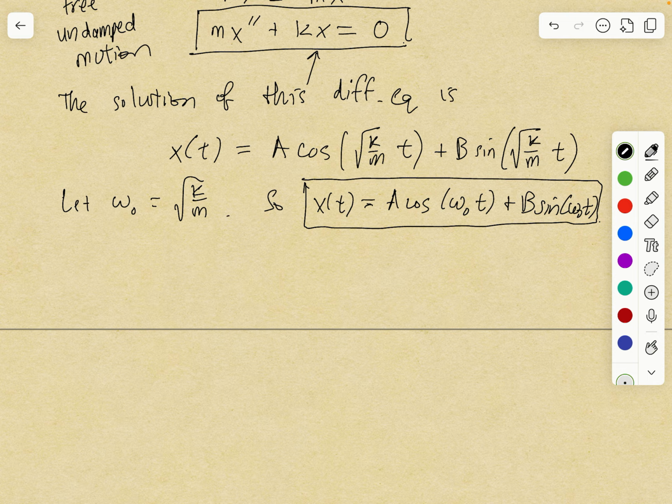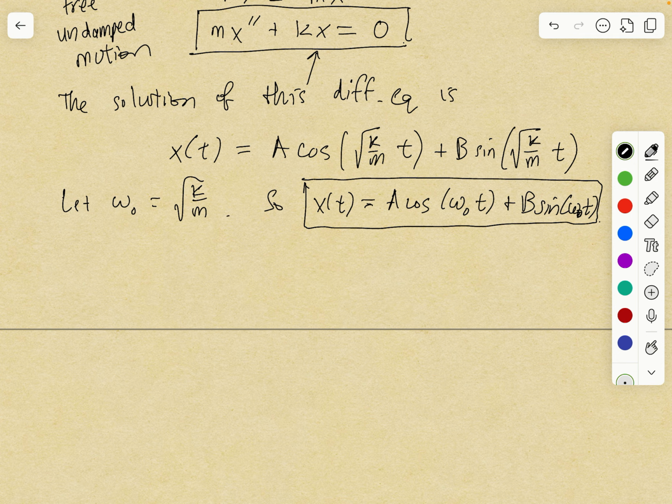And similarly for B sine omega naught t. That's just the sine function stretched vertically by a factor of B and then compressed horizontally by a factor of omega naught. But the question is, what happens when you add them? So each of the individual terms is a wave. But when you add them and then graph that, what do you get?